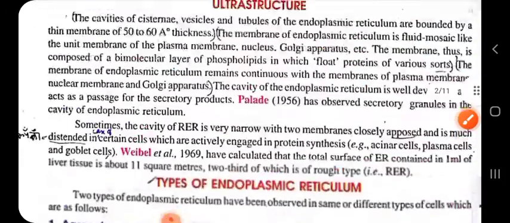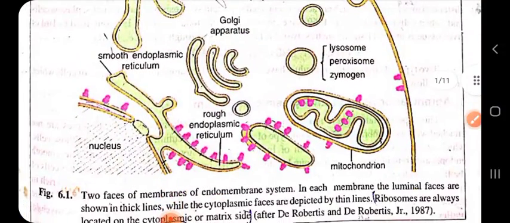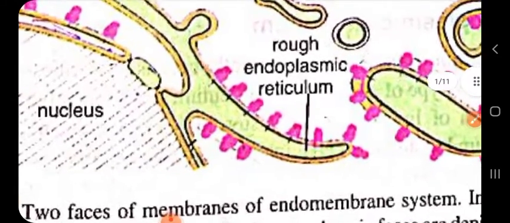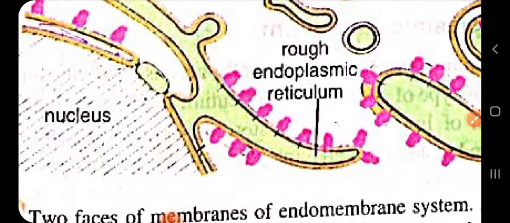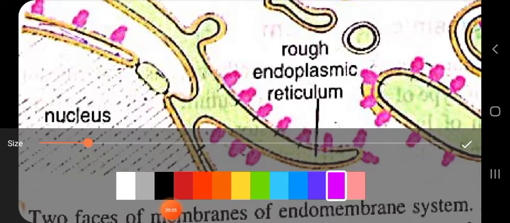So if I look at the previous diagram here, the pink ones are the ribosomes, composed of large and small ribosomal subunits. I have to draw a thin line.